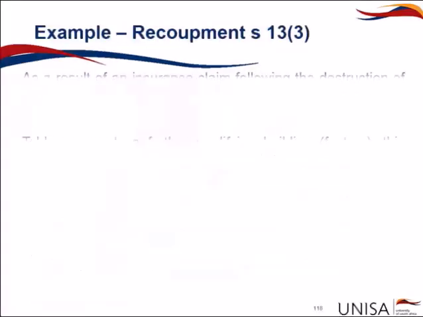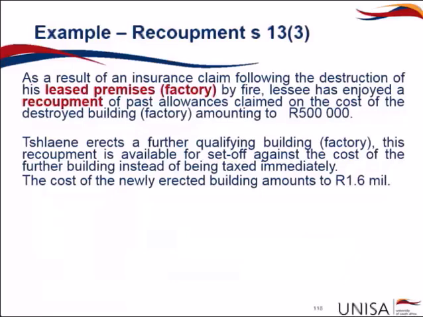If we have a look at an example where we are leasing premises and the lessee has enjoyed a recoupment of past allowances claimed on the cost of a destroyed building, a factory building, to the amount of 500,000.